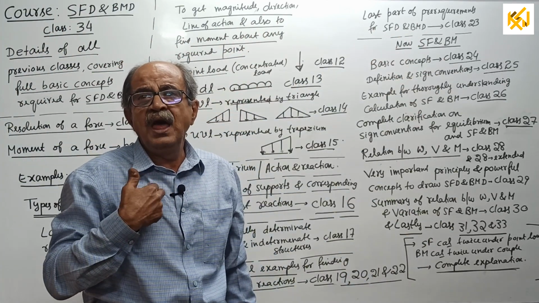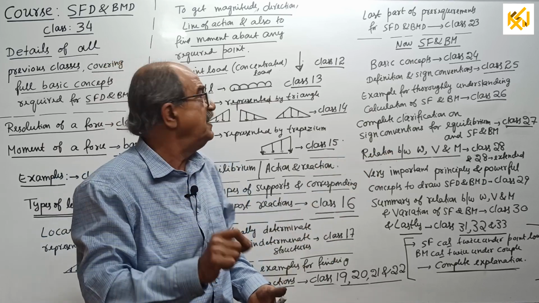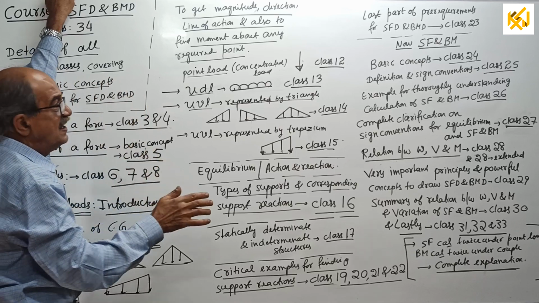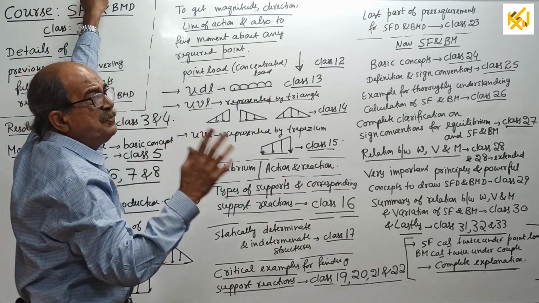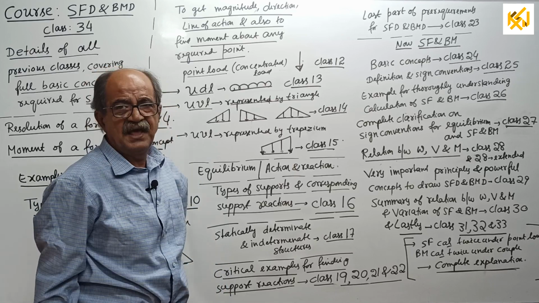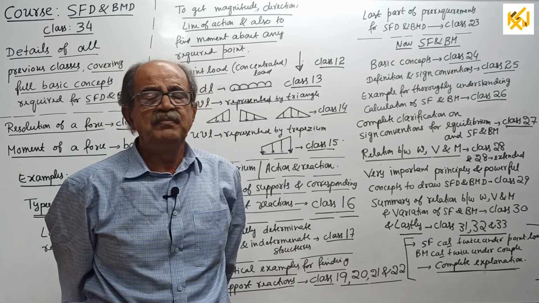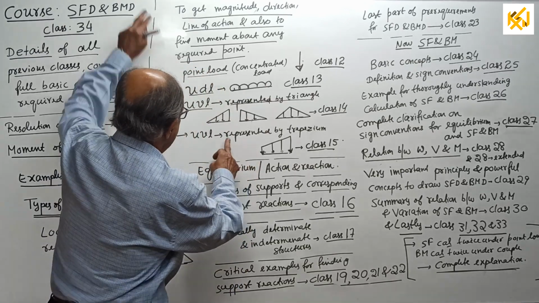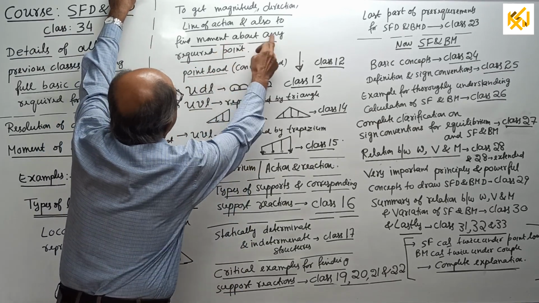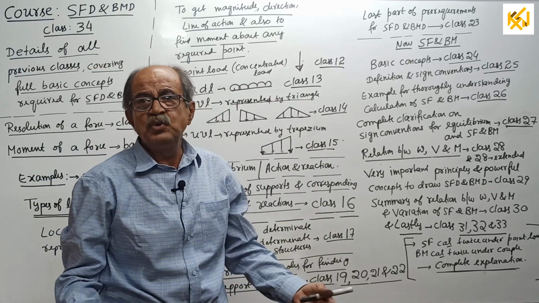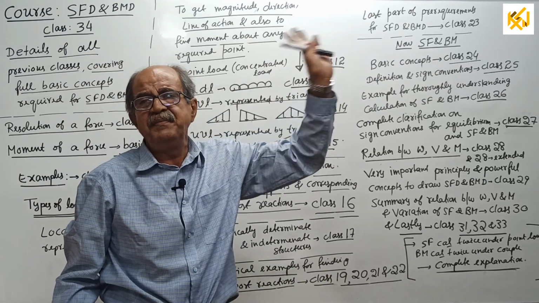But whatever I told now, right there somewhere, write something for each of them: he told this thing in the class, like that. If you write on a big drawing sheet, you can cover all. Keep it there. Suppose you get a doubt, for example, with a trapezium, you want to know how to find the moment. All you require is, see here, moment calculation is class number 15, over. Go through it, understand, and again go back to SFD BMD.